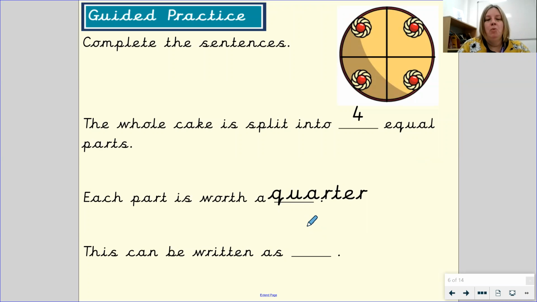I would write my 1 and then I would write my 4 to show that 1 quarter is 1 part of 4. So the 4 is my whole, so that shows me how many equal parts there are. And this would show me how many parts are shaded. So 1 part is 1 quarter.